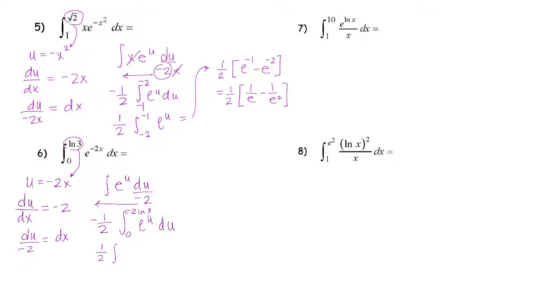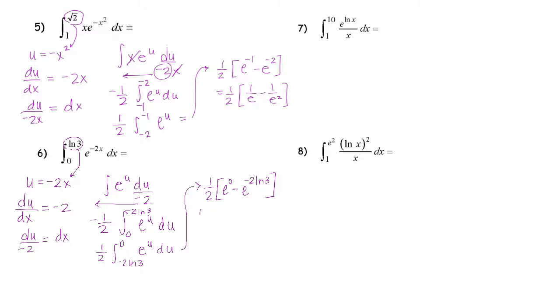And that's going to be from -2 natural log 3 up to 0 of e to the u du. And again, we need to go through now and do our integration. So we're going to have 1/2 times e to the 0 minus e to the -2 natural log of 3.